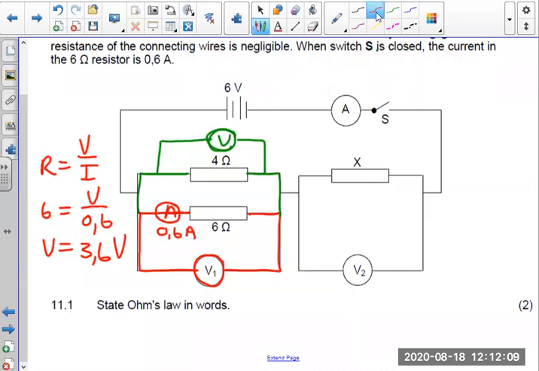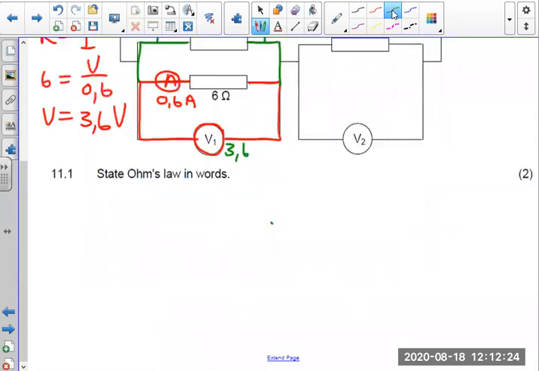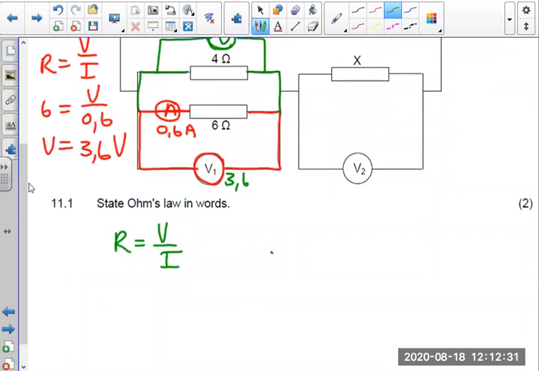So immediately in green, I can say, right, this one is 3.6 and this one is also 3.6. Okay, and now I can work out the green current because I can say R equals V over I. Resistance in the green part is 4. Voltmeter is the same. And then I want to work out the current.